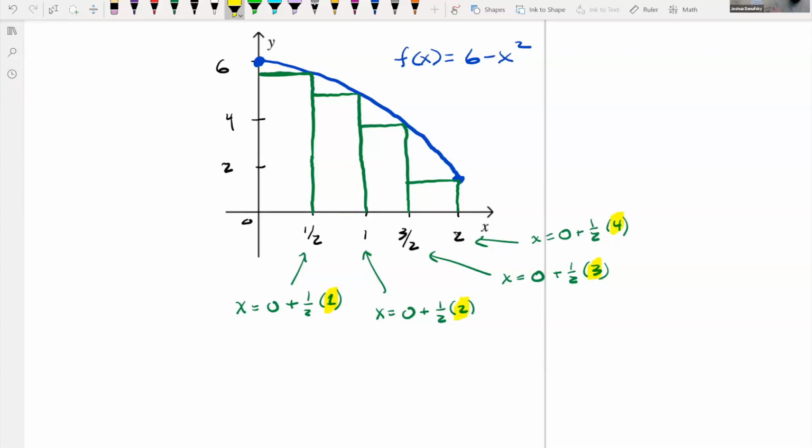So that's what our i is doing. i is going 1, 2, 3, 4. So we can write this in general. x is equal to, well, the 0 is not doing anything, so I'm just going to write 1/2 i, where i equals 1, 2, 3, 4. So hopefully that makes sense. If not, pause, rewind, rewatch that part, because that tends to be one of the trickiest things we have here. So we'll go ahead and use that.